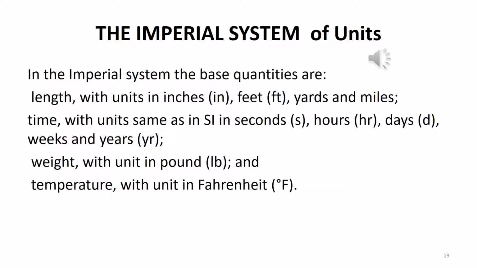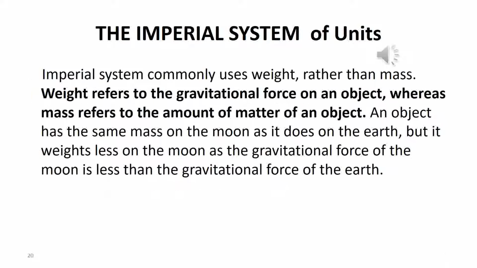In the imperial system, the base quantities are length with units in inches, feet, yards, and miles, time with same units as in SI, seconds, hours, days, weeks, and years, weight with unit in pound, and temperature with unit in Fahrenheit. Imperial system commonly uses weight rather than mass.